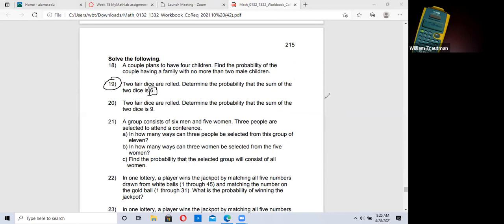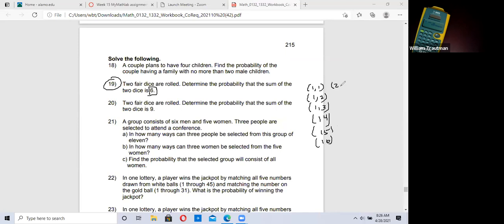Now, remember, when you roll 2 dice, you should have this written down. By the way, all these are on the test. There's one question on the test very similar to this. You can roll a 1 and a 1, a 1 and a 2, a 1 and a 3, a 1 and a 4, a 1 and a 5, a 1 and a 6.